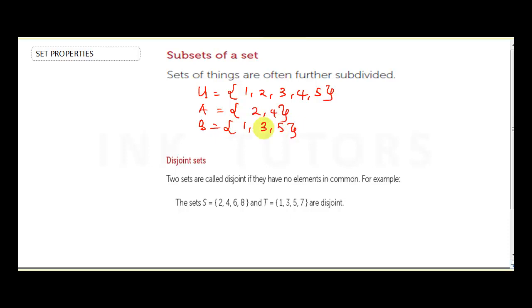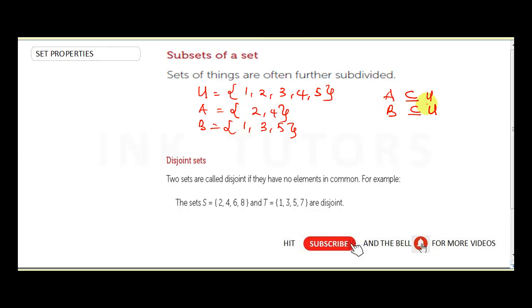Then we can say A and B are subsets of U. U is the parent set, A and B are seen as the child sets. We denote this as A is a subset of U, and B is a subset of U, because they can be found in U. That is why we say it's a subset.